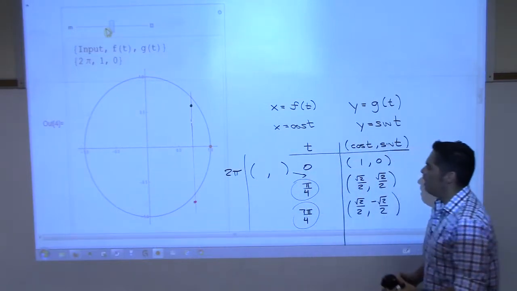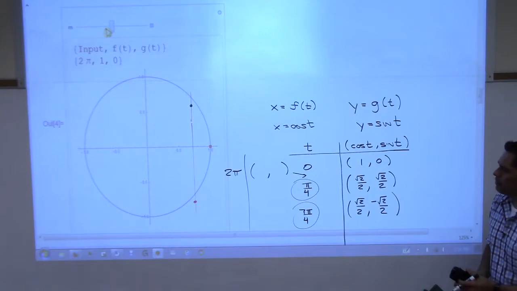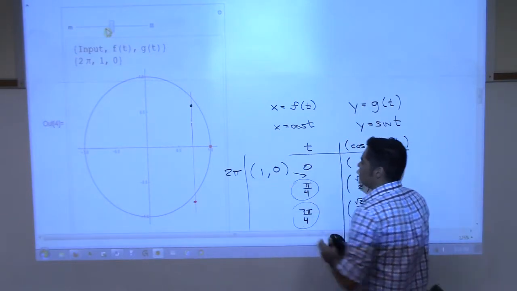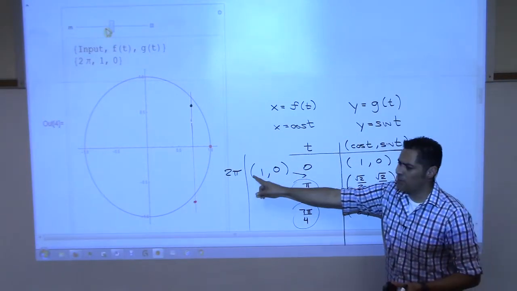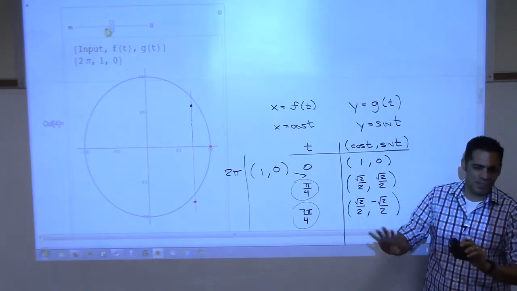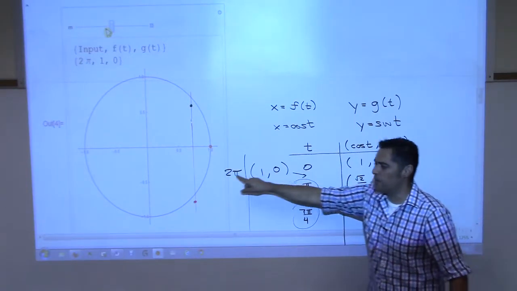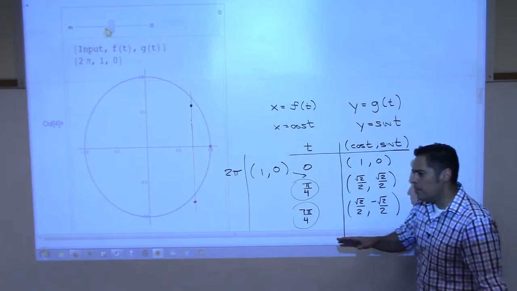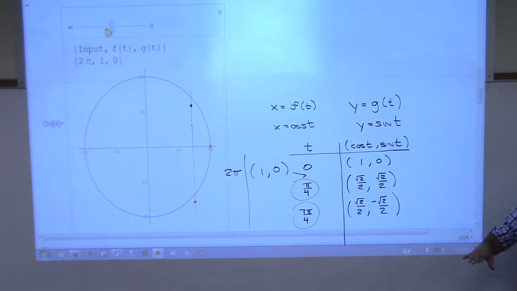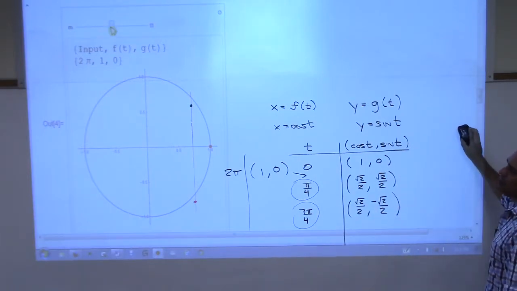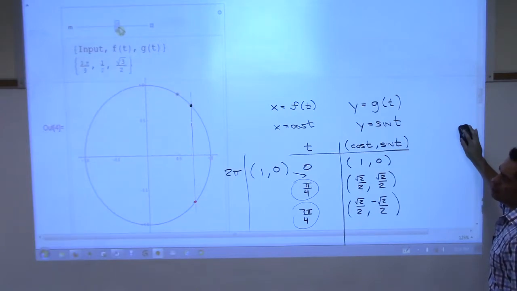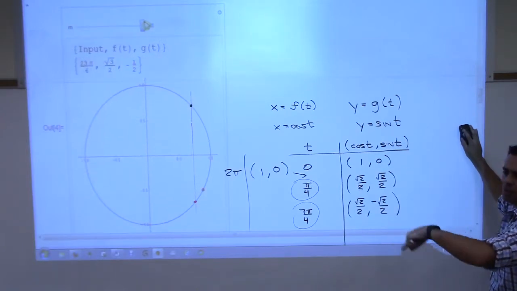When I get to 2 pi, what do I get? What comes out? 1, 0 again? And so you say, wait a minute, this one goes to 1, 0, that one goes to 1, 0. It's not a function. No, that's not a problem, because it's 2 different inputs, right? As long as an input goes to exactly one output, it doesn't matter if they overlap. So if I just let t keep going, it's just going to keep drawing a circle on top of a circle on top of a circle.